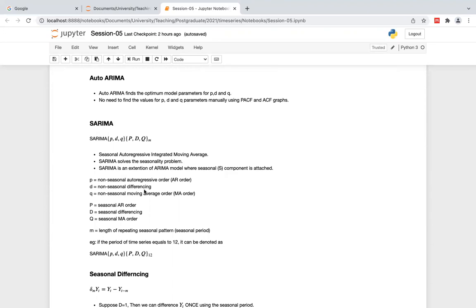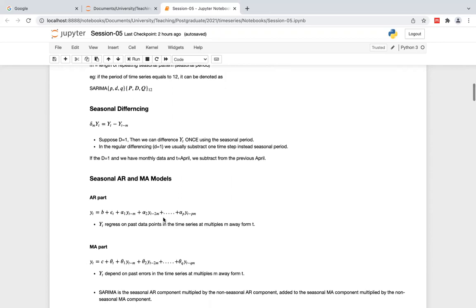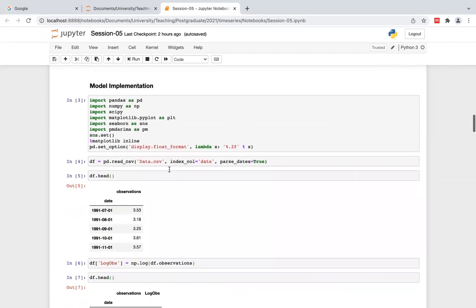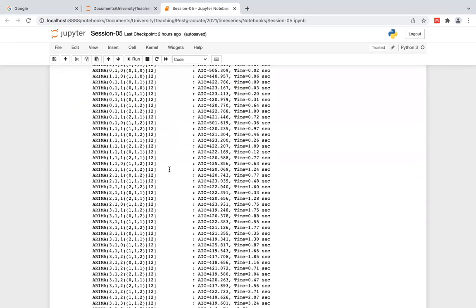In addition to the ARIMA model, the uppercase P, D, Q and lowercase m, we interpreted and discussed them, and what seasonal differencing and the seasonal AR and MA models are. How we select the model with AIC, and how we use the ACF and PACF graphs to identify the p and q parameters in the non-seasonal ARIMA model, and the way of implementing auto ARIMA, and two different approaches with the real observation and log observation.